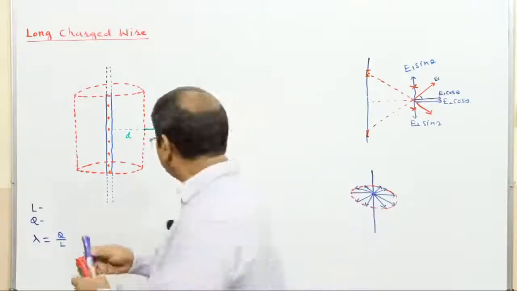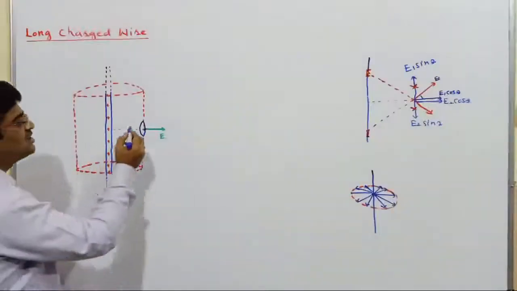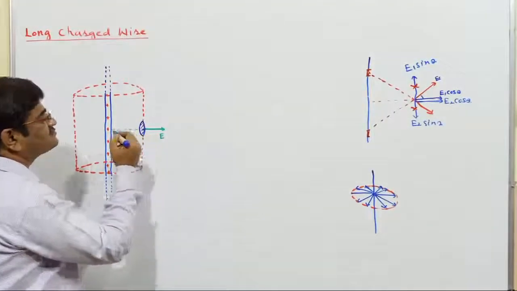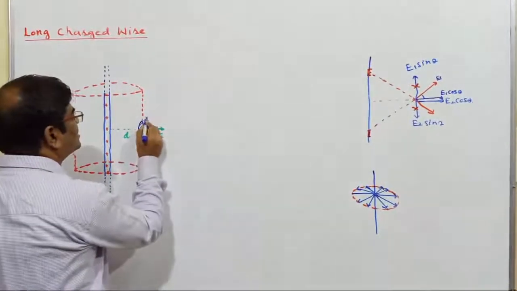Here I focus on one small portion of that curved part. This is the portion I am focusing on, whose area is dS.